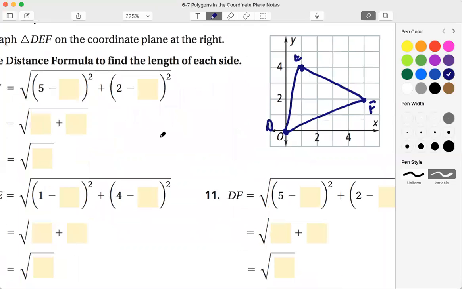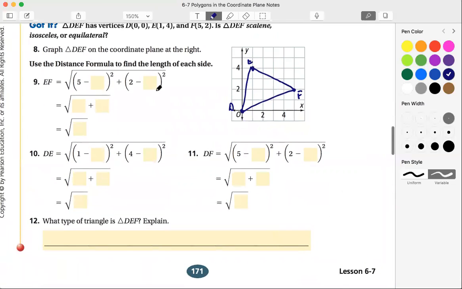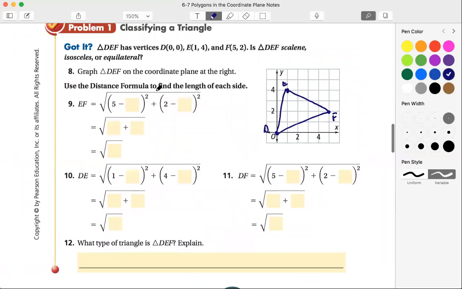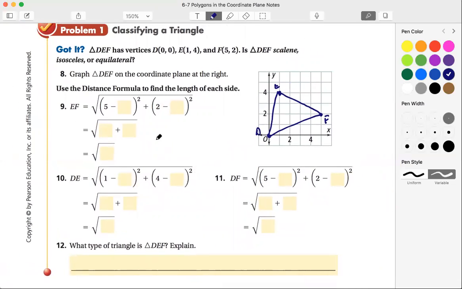The distance for EF, using the distance formula, is the square root of (5 minus 1) squared plus (2 minus 4) squared. Simplifying, we get 16 plus 4, which equals 20. Let's do DE. DE would be (1 minus 0) squared plus (4 minus 0) squared, which equals 1 plus 16, which equals 17.